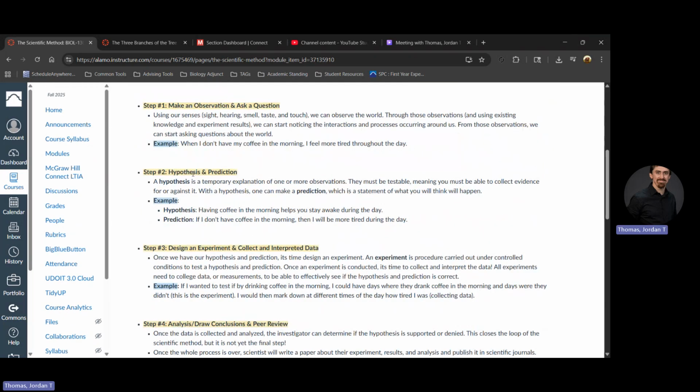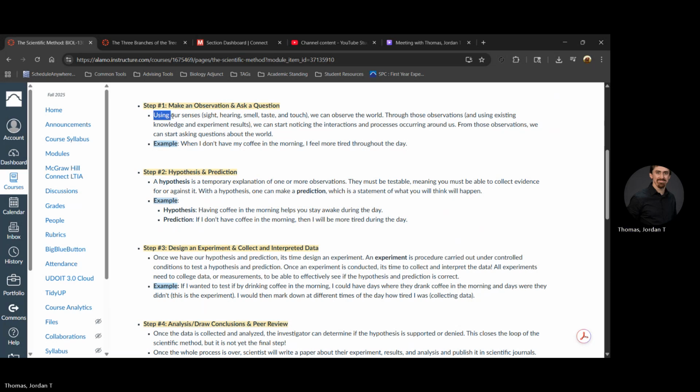Now, to make things simple, I grouped these steps into 4. Each one of these 4 steps can really be split into 2. We're going to go over each one individually, though, with an example. Step 1 is make an observation and ask a question. A simple start.